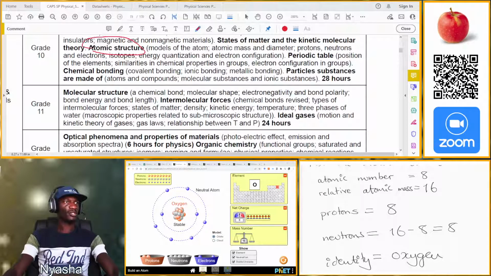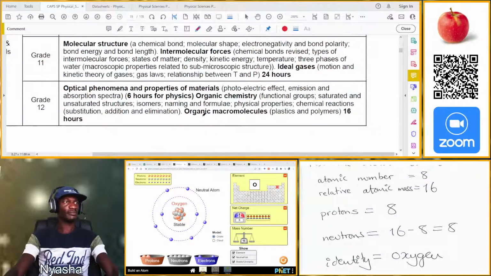That atomic structure is what you use for you to consider chemical bonding, isn't it? Because we share some electrons in covalent bonding. There is some electrostatic charge that leads to attraction in the form of ionic bonding, and then we also have metallic bonding.